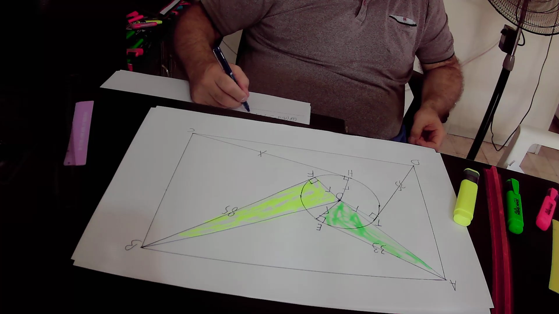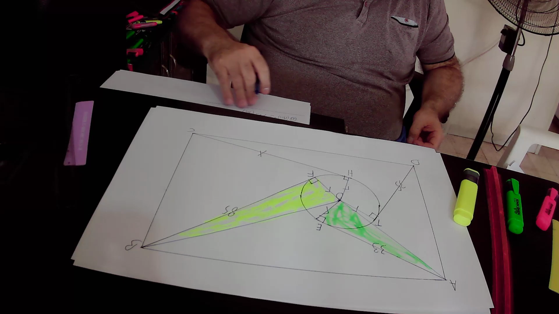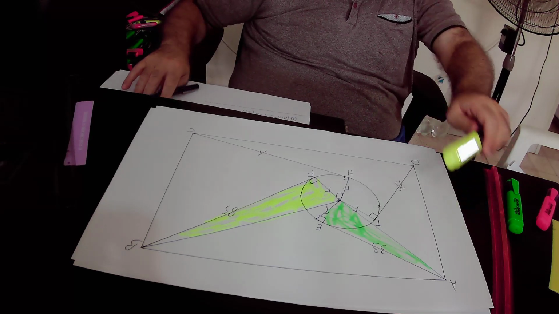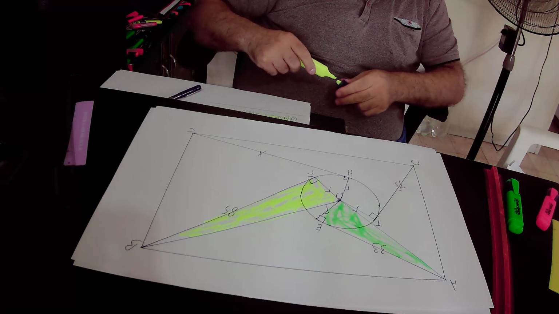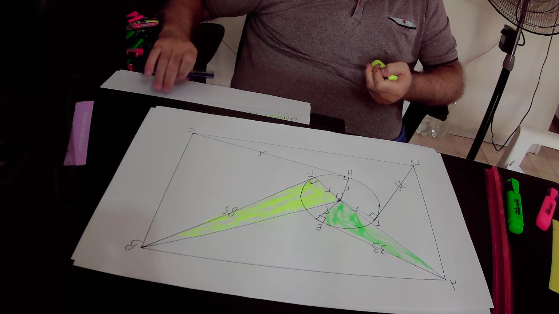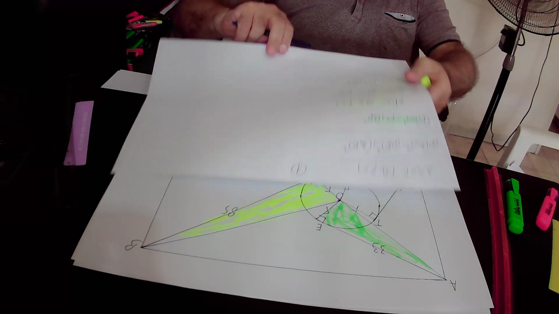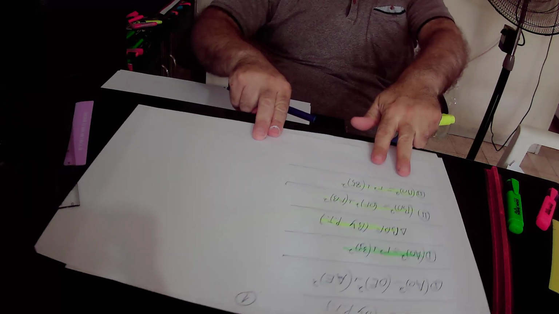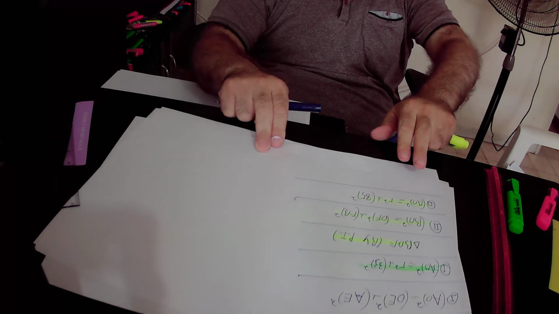Therefore FB square is 85 square. So in conclusion, we found out that according to equation number 2, BO square equals R square plus 85 square.